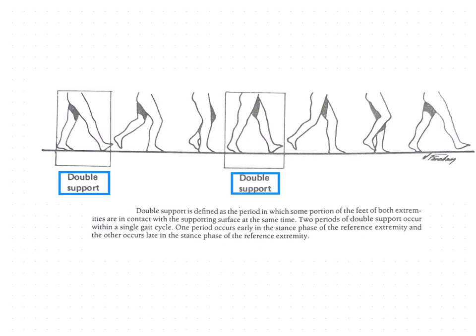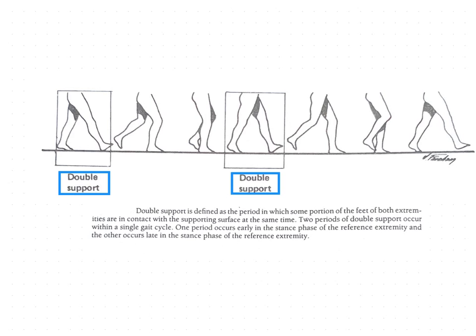That period is called double limb support. It occurs in walking when the lower extremity of one side of the body is beginning its stance phase and the lower extremity on the opposite side is ending its stance phase. Therefore, there are two periods of double support in a single gait cycle.